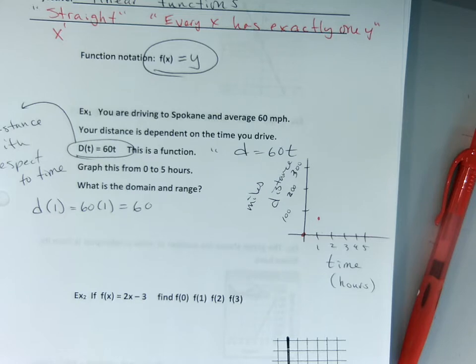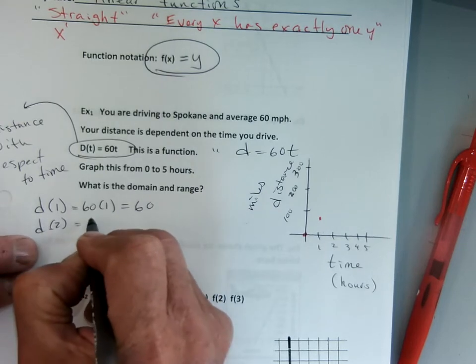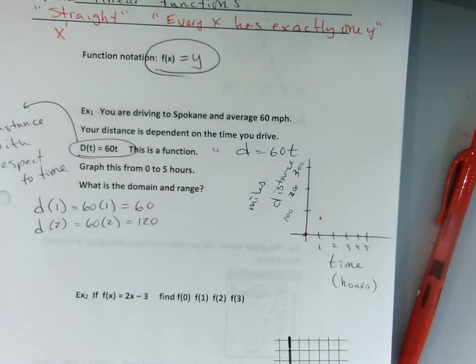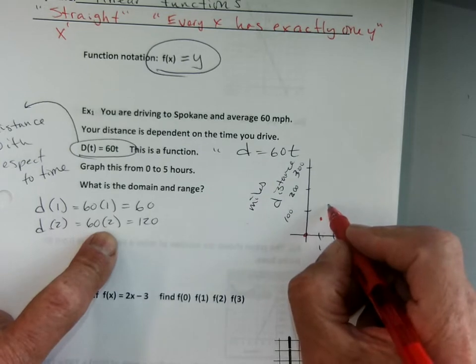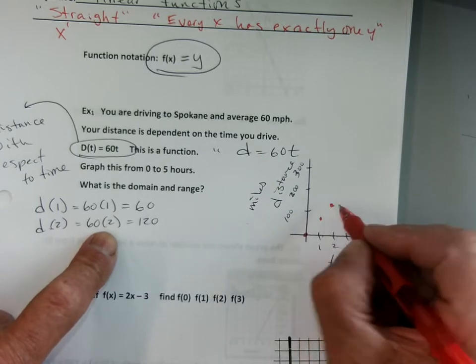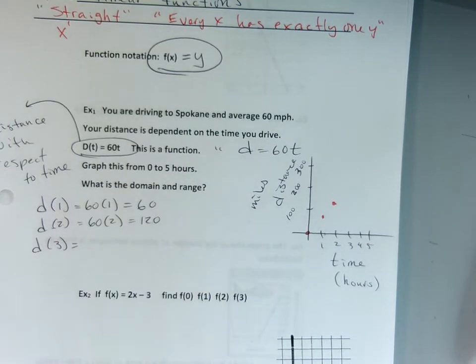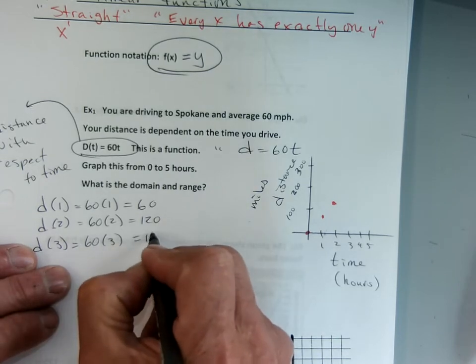So then I write d of 2. That's 60 times 2 hours, which is 120, right? So all I'm doing is saying the distance at 2 hours, 60 times 2, so I get about 120, okay? I'll guesstimate right about there. D of 3, what does d of 3 mean? Yeah, the distance for 3 hours, and that would be 60 times 3, which is 180 miles.